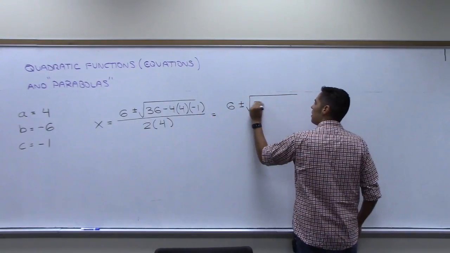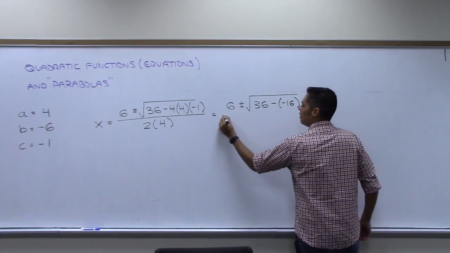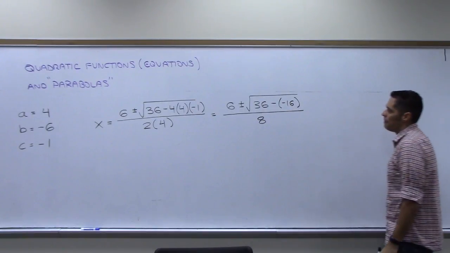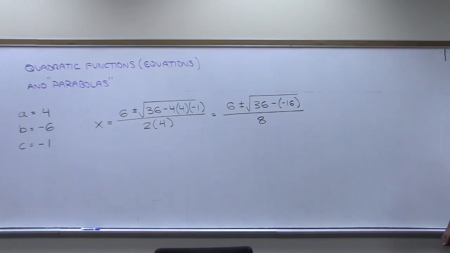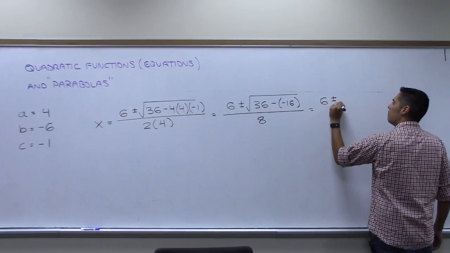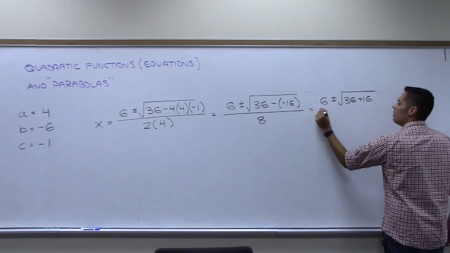I'm going to have 36 minus, and I'm subtracting -16. Then all over, let me go ahead and multiply the bottom. 2 times 4 is 8. Y'all agree? Minus a minus really means positive or plus, so that's 36 plus 16 all over 8.